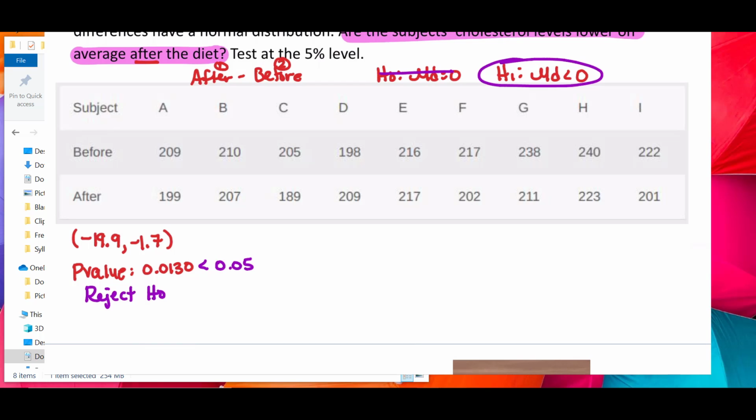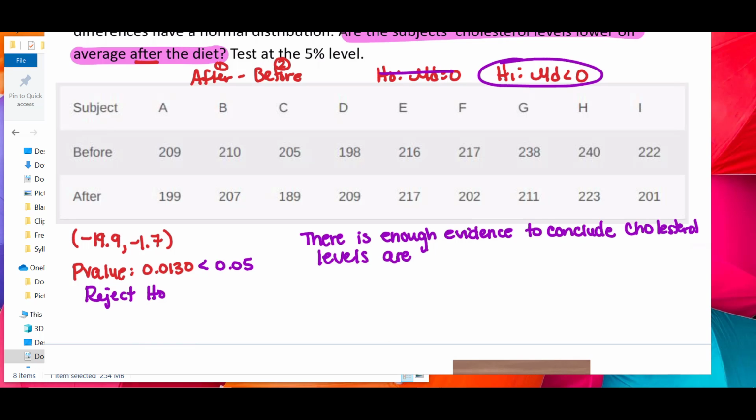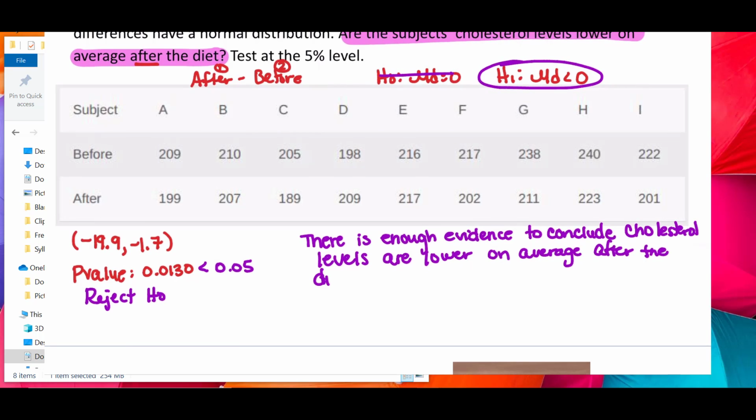So we need to write it in context though. So there is enough evidence to conclude cholesterol levels are lower on average after the diet.